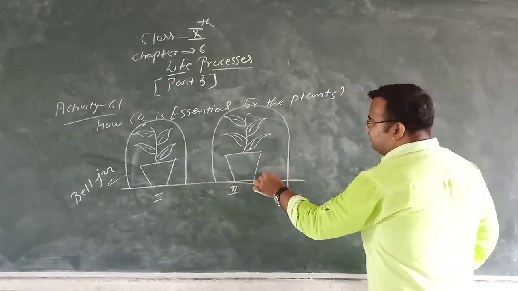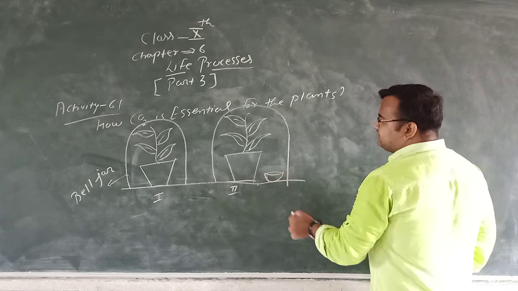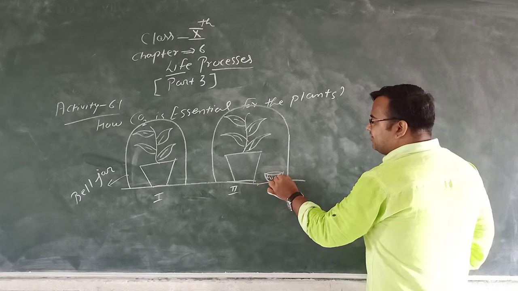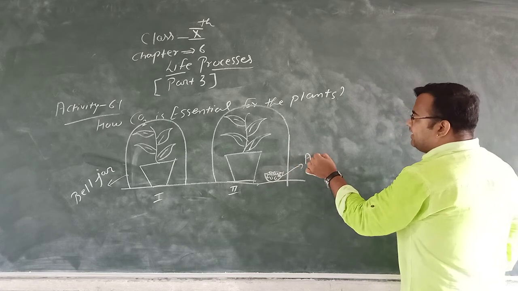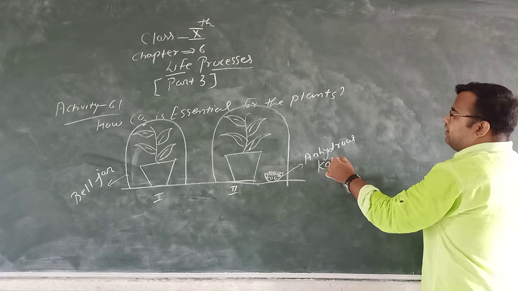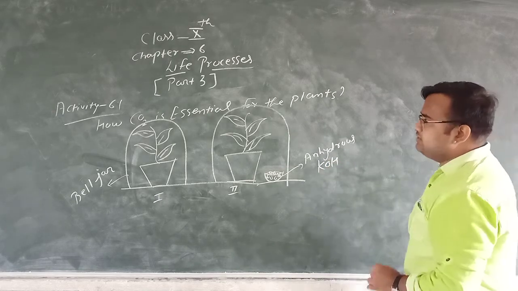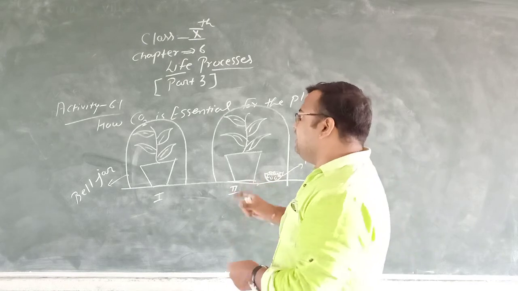In case 2 we will have a china dish, and in that dish we will take anhydrous KOH. Now the setup is ready.